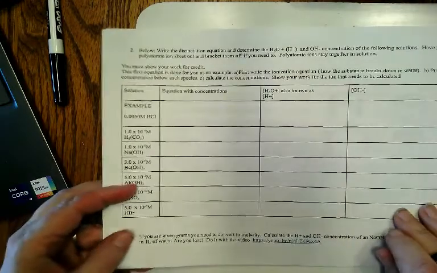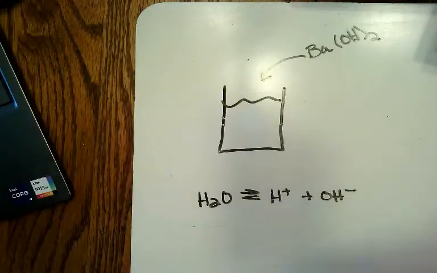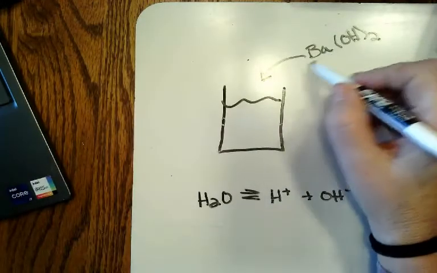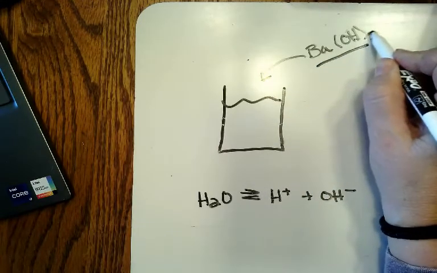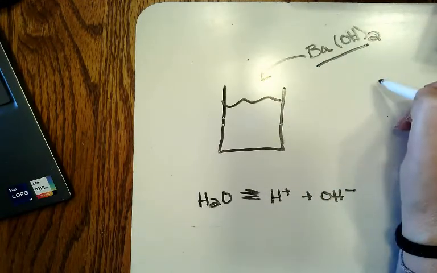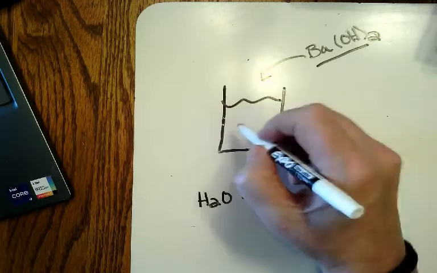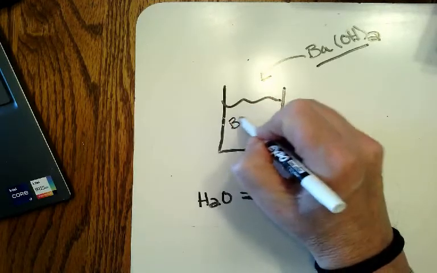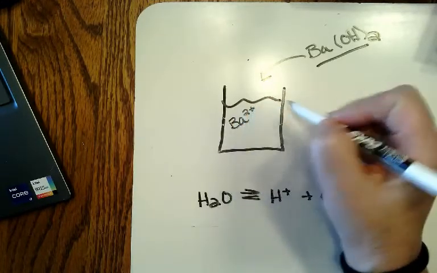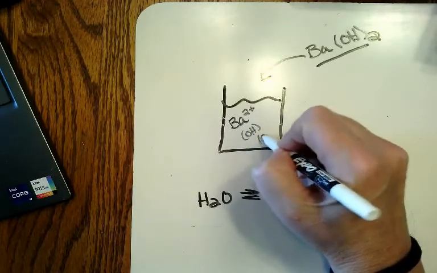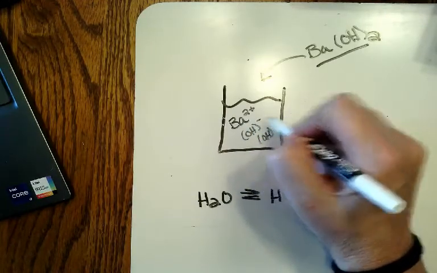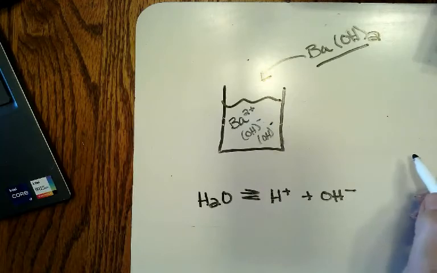In the notes I do these types of questions too. So the first thing that you need to understand is how our ionic compounds break apart in water. Here I have barium hydroxide. Notice there are two hydroxides there. When barium goes into solution, it makes a barium 2+ and two OHs, which are ions, so they are minus.